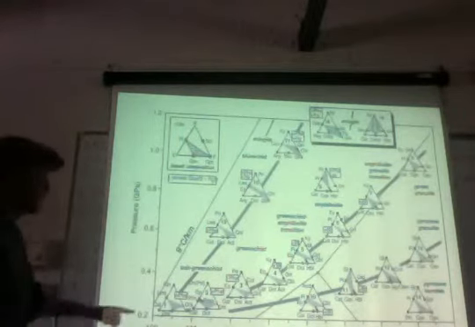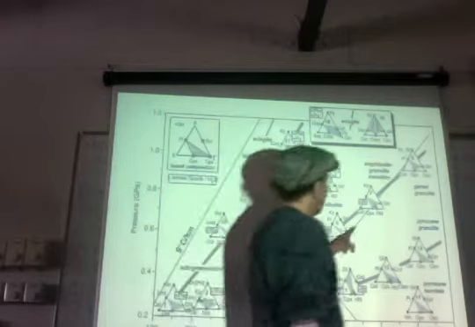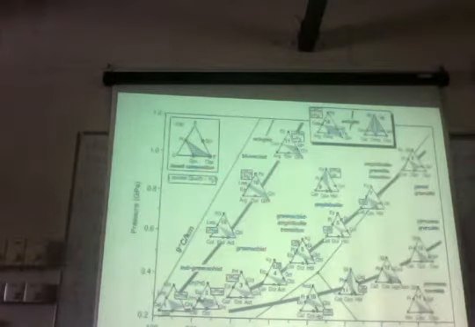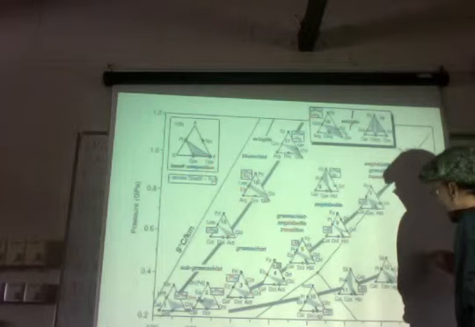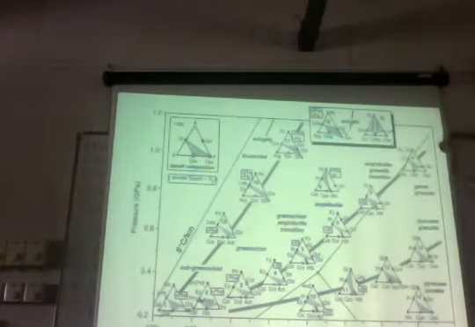If we are running through this PT path, then we are dealing with a PT path which occurs in a continent-continent collision zone, yeah? And if you are running along this PT path, then we have a PT path typical for contact metamorphic conditions.